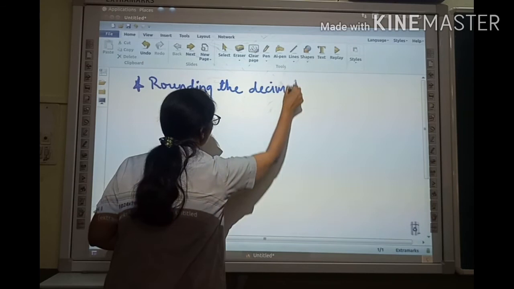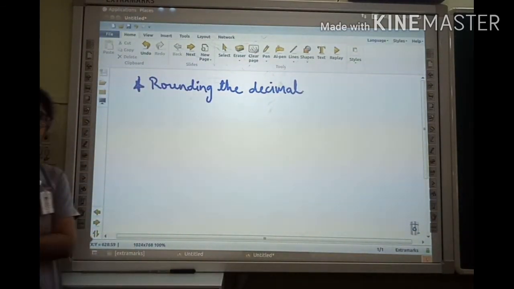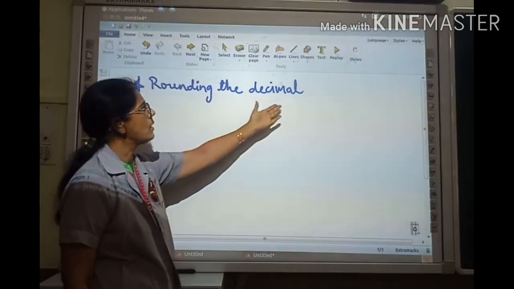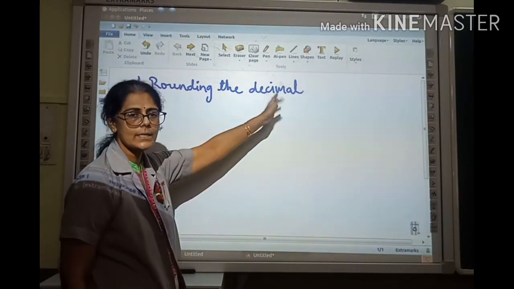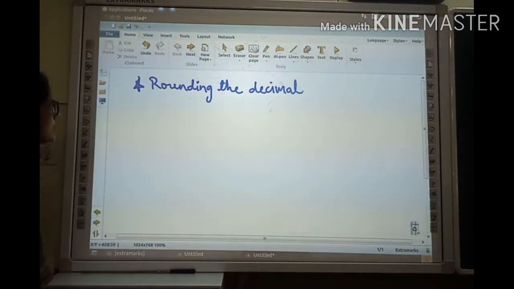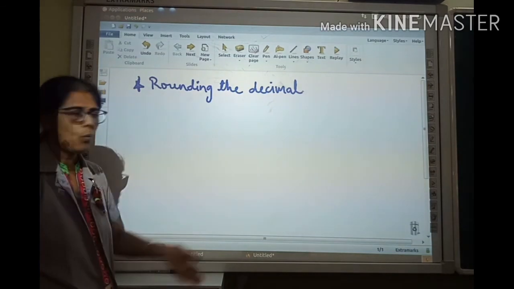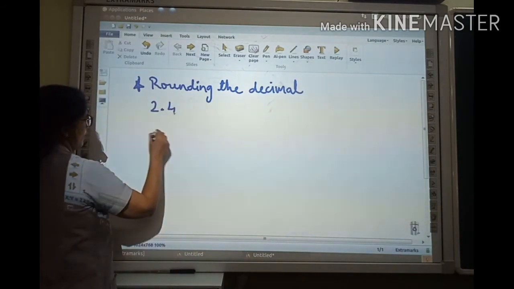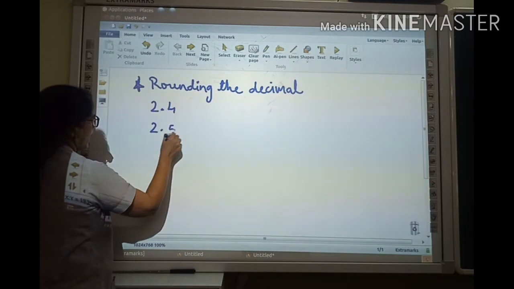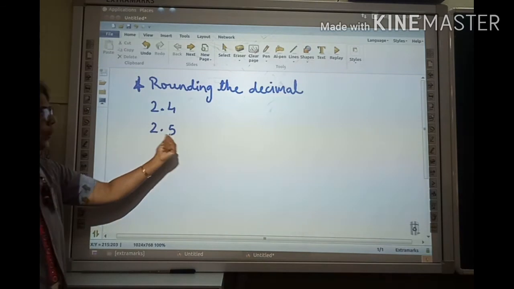We have already learned rounding of numbers, but that was for whole numbers. Now we have to learn rounding the number in decimal numbers, right? Suppose I want to round the number to the nearest ones. 2.4 and 2.5. Two examples I have taken here, 2.4 and 2.5.